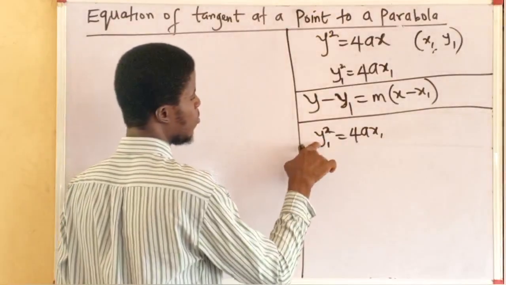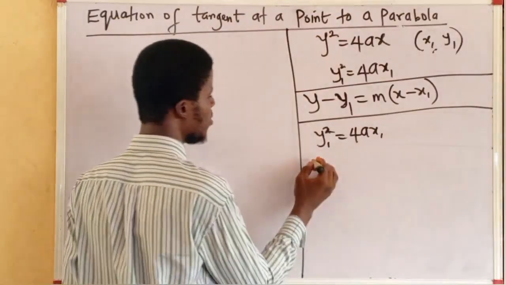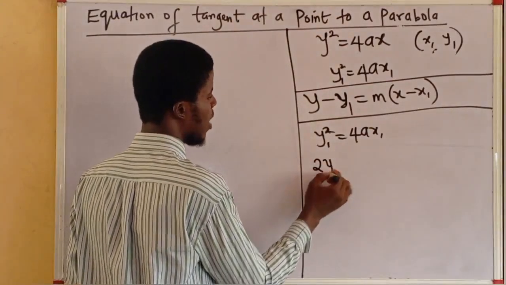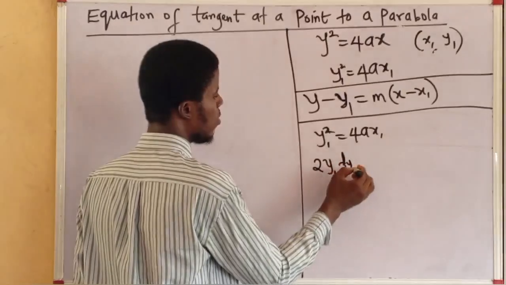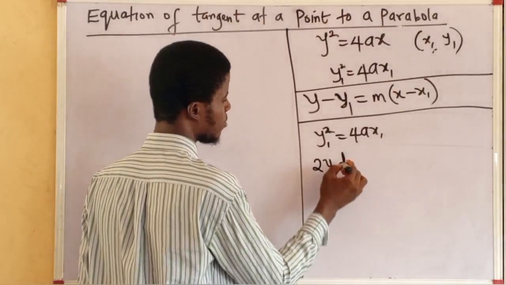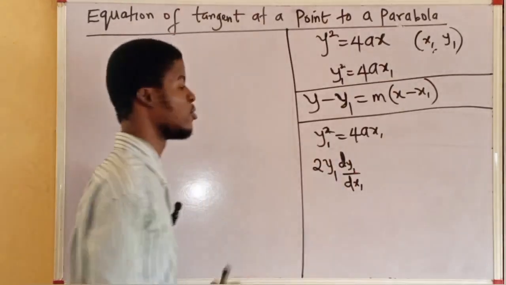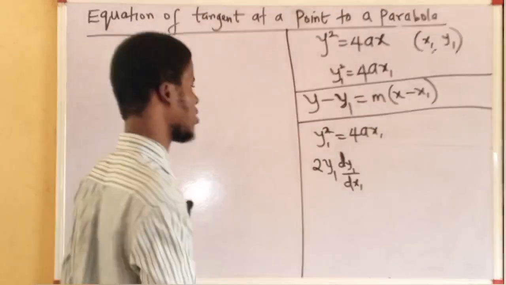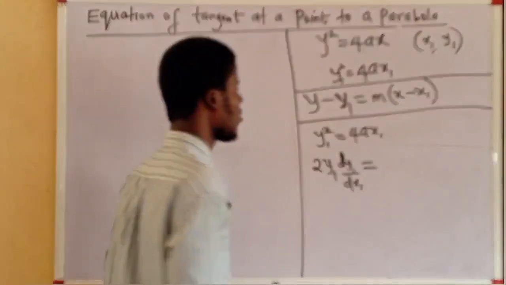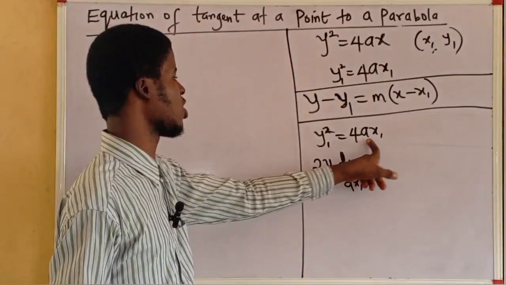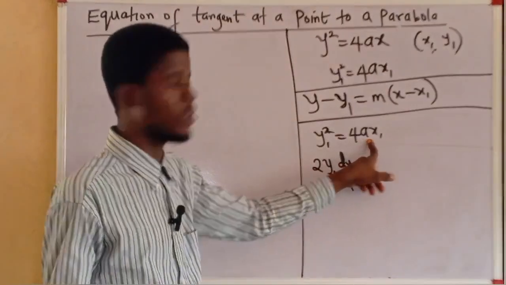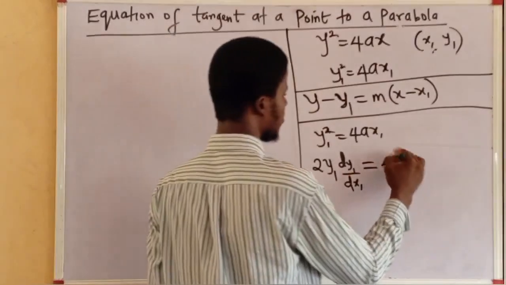If I differentiate y1 squared with respect to x, that will be 2y1 dy1/dx1. I'm differentiating with respect to x1. If I differentiate 4ax1 with respect to x1, it is 4a.